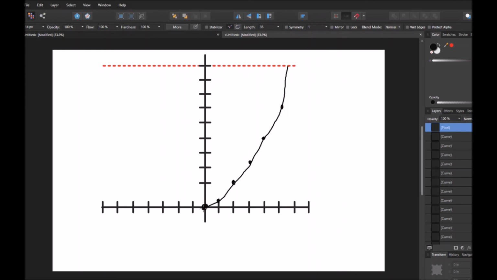Since this equation has symmetry with the y-axis, you can basically just reflect these points here. So it would look like this. And now we can see that this would be a disc, and the way we can see that is if we draw it as a 3D object, as if we're rotating it.